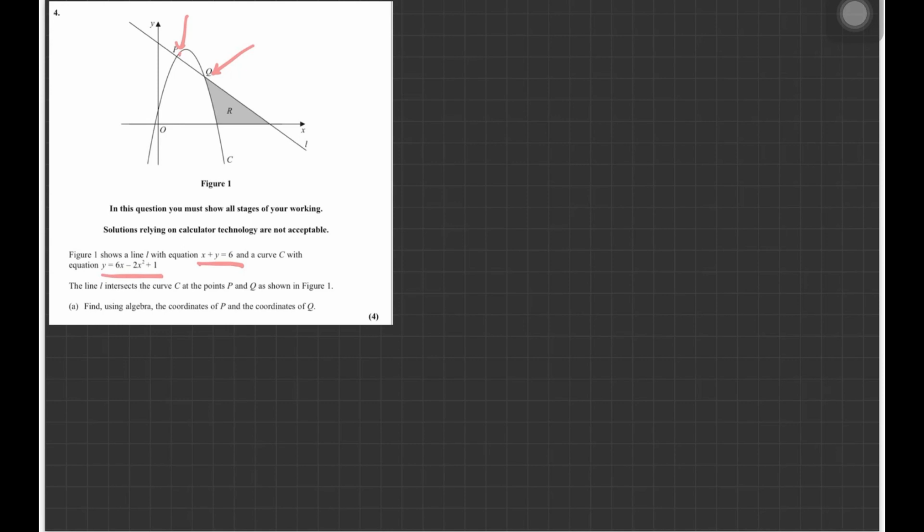But in order to do that, first let's rearrange the equation of the line to make y the subject. So y is equal to 6 minus x, right? And then we also have the equation of the curve, sorry, which is y is equal to 6x minus 2x squared plus 1.